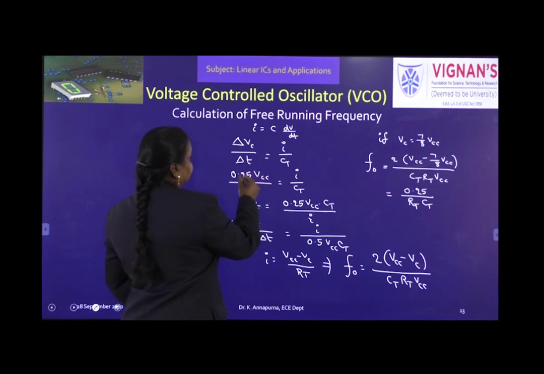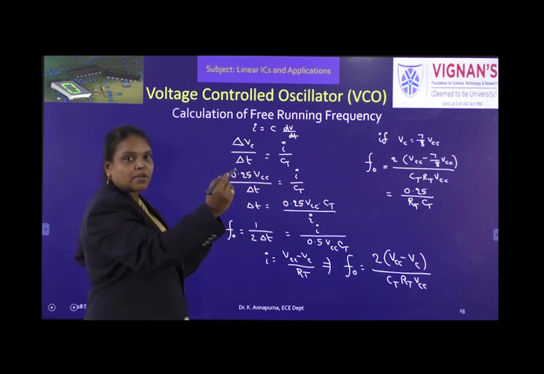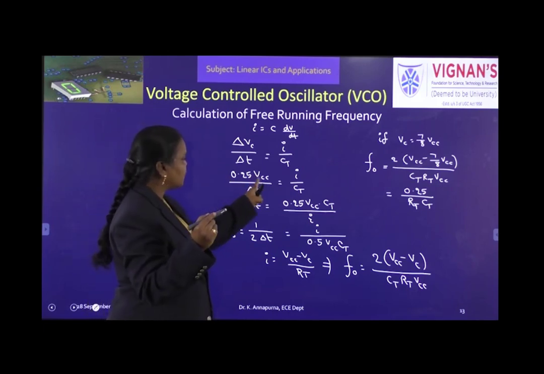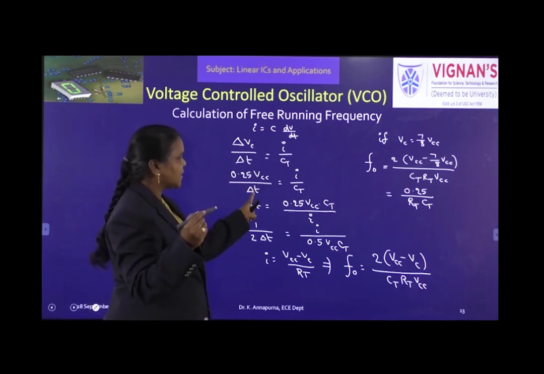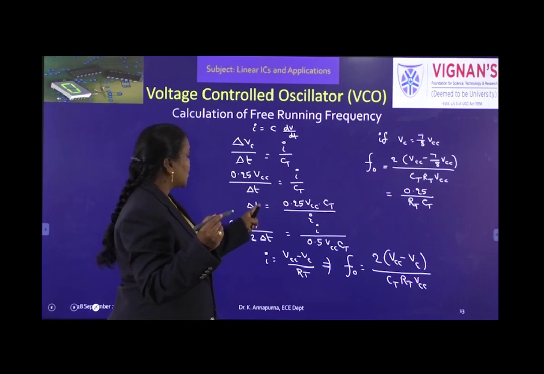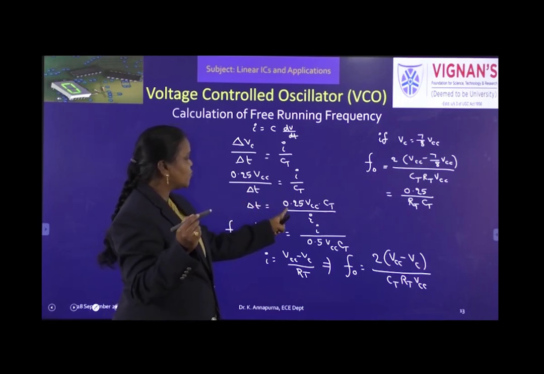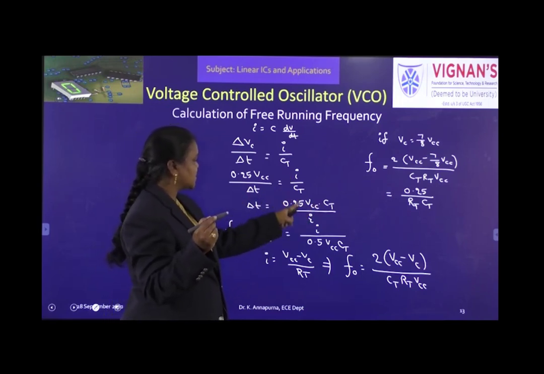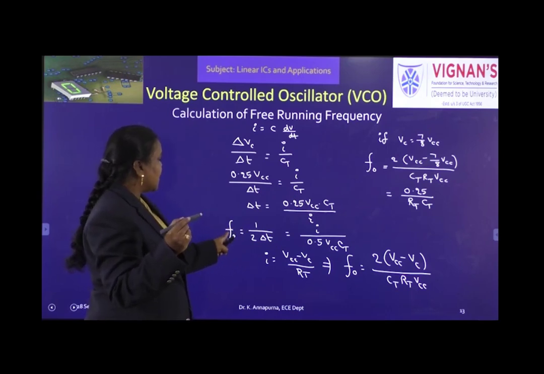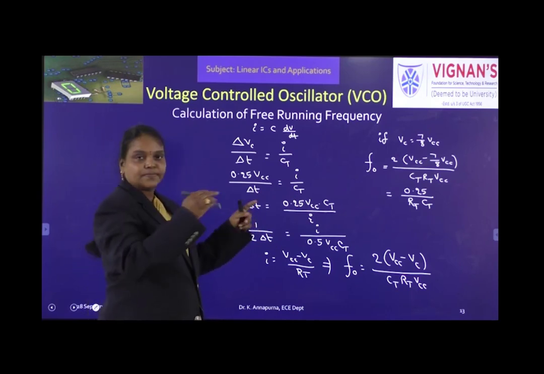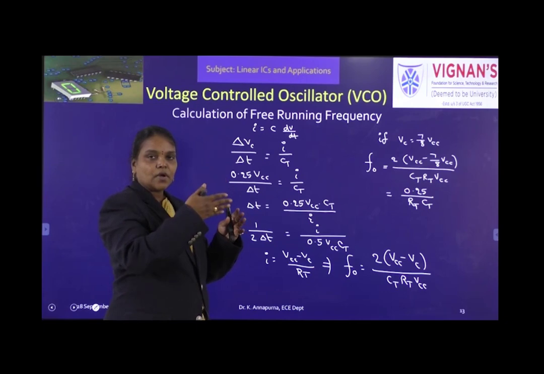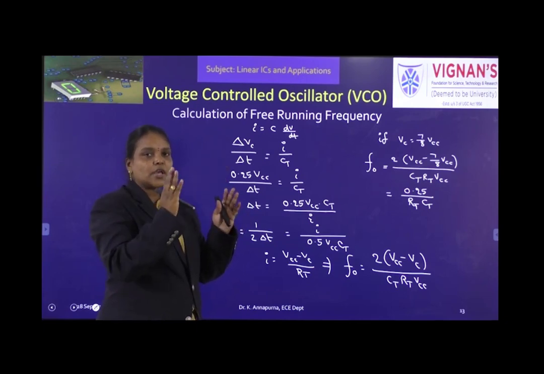So here it is changing between 0.5 and 0.25, so what is this change? It is 0.25 VCC in time delta t. So I by Ct. Now from this, delta t is 0.25 VCC Ct by I. Just simplifying this. And this is changing for positive going or negative going, only half.